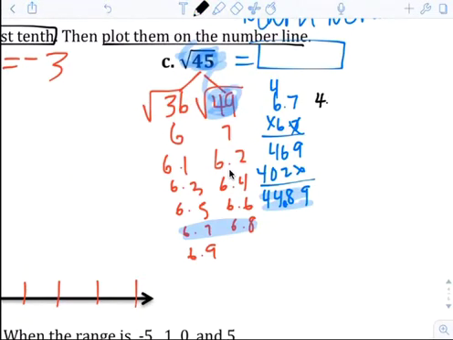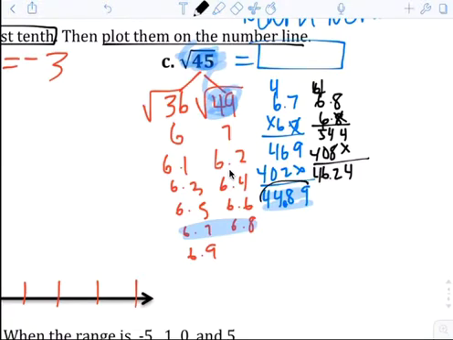Still lower, so I'm going to try 6.8. 6.8 times 6.8 is 46.24. Oh, too much. It's 1 over. So the square root of 45 is about 6.7. This is the answer.